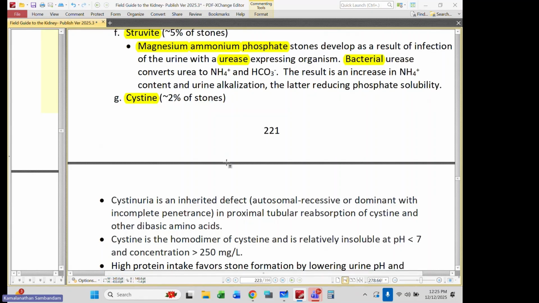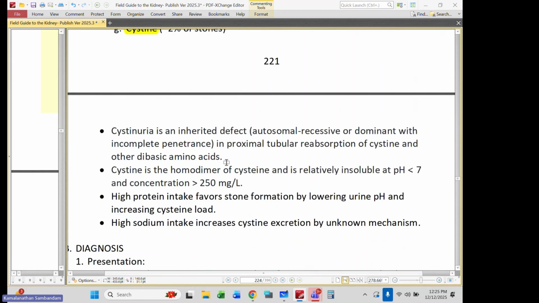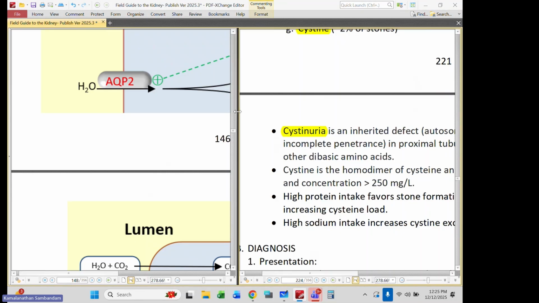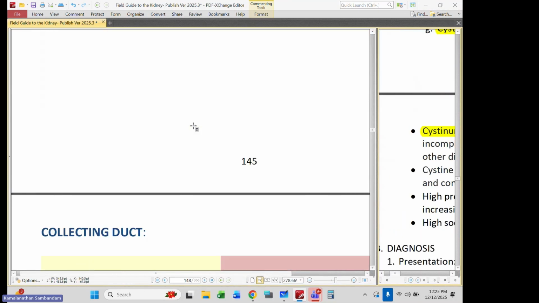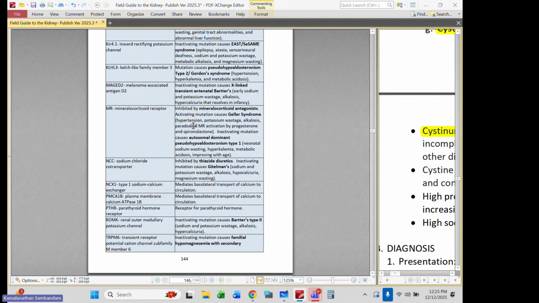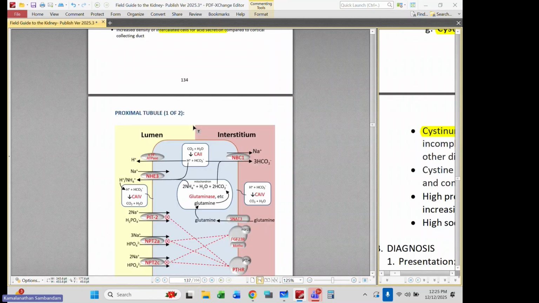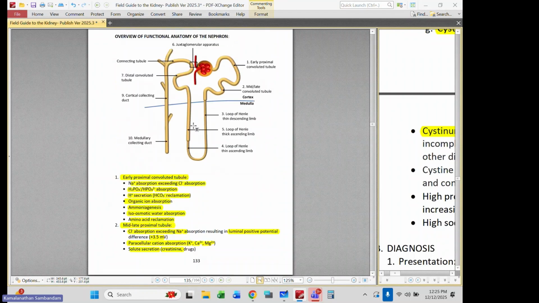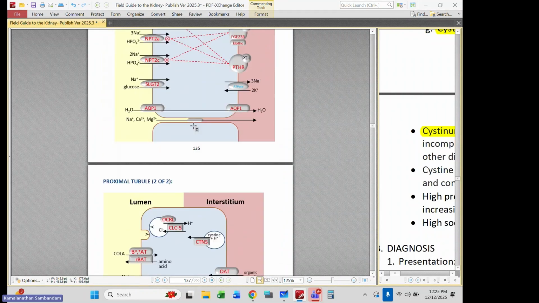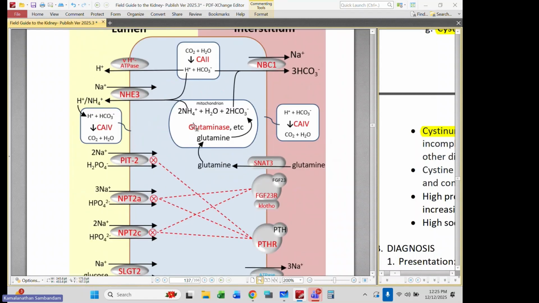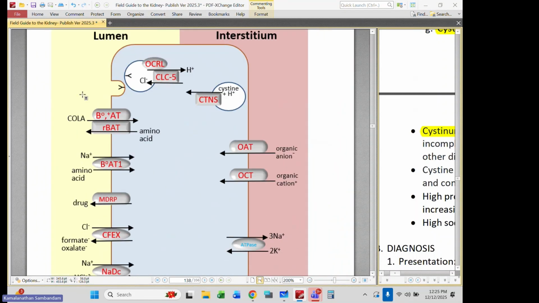Okay. Moving on to cystine stones, this arises from a metabolic or a transport defect that occurs in the proximal nephron. So you have a transporter of amino acids in the proximal nephron that can be mutated in individuals with cystinuria.